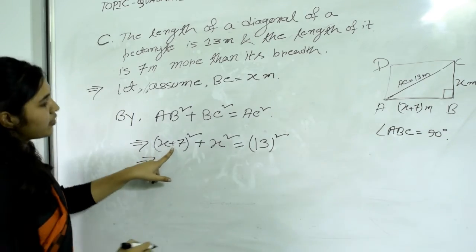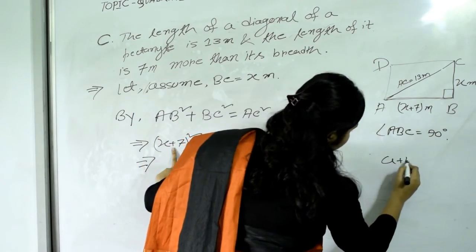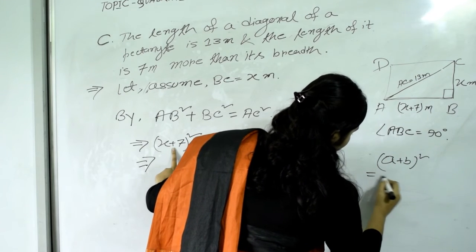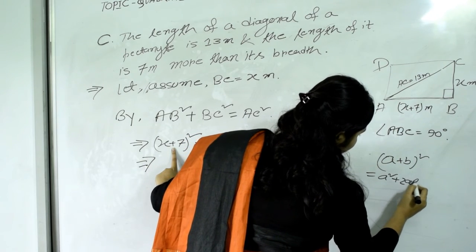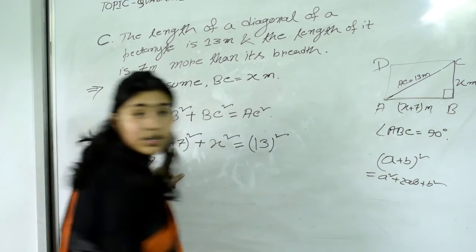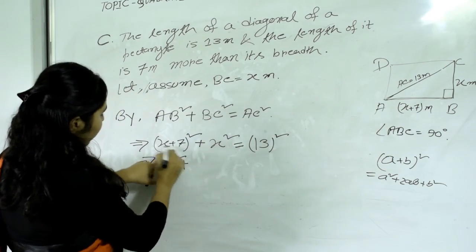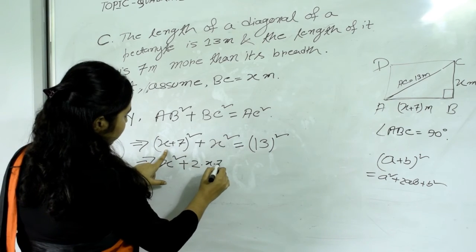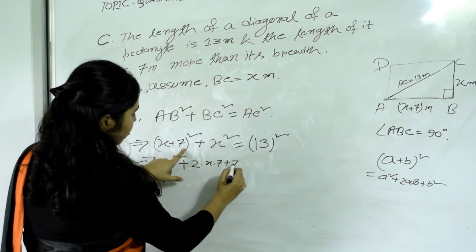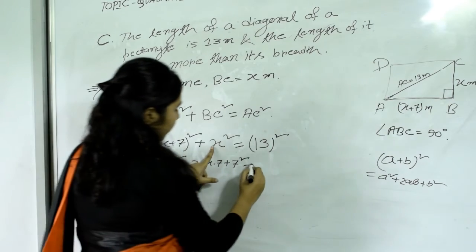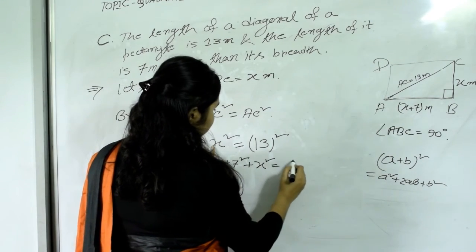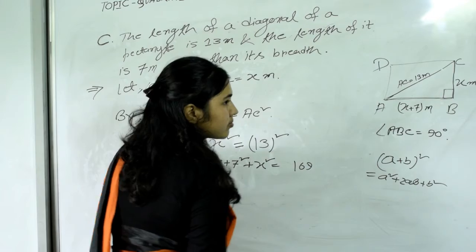Now apply the formula: A plus B square is equal to A square plus 2AB plus B square, right? So apply this formula. x square plus 2AB, 2 into x into 7, plus B square, which means 7 square, plus x square is equal to 169.